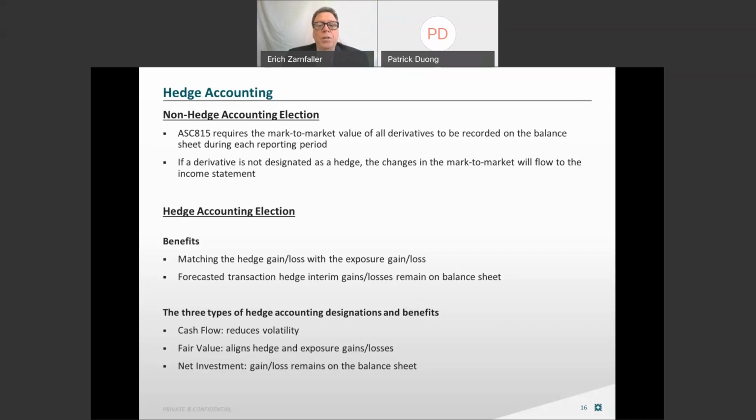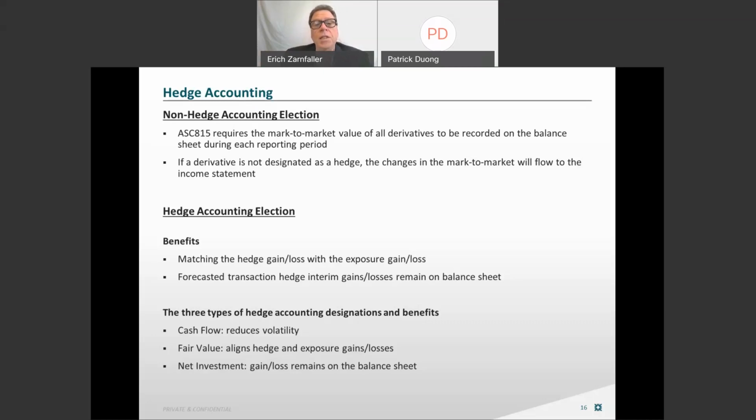Under hedge accounting, there are three accounting designations listed on the bottom of the slide. Cash flow hedge designation, which can reduce interim income statement volatility. Fair value hedge designation, which can align the gains or losses on the same line item for balance sheet hedges, let's say. And net investment designation, under which the interim gains or losses remain on the balance sheet.